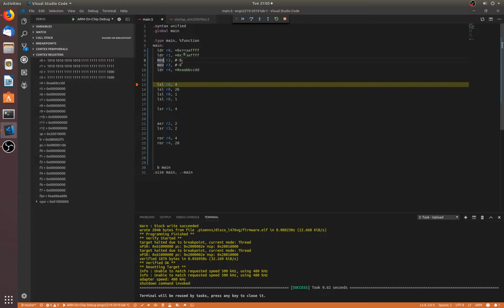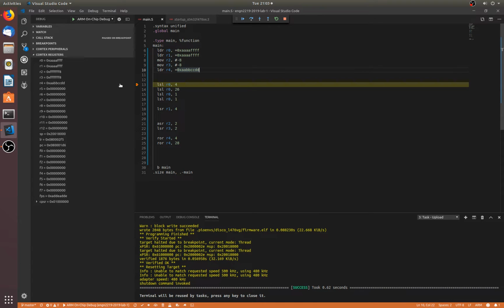If you ever have a number that's too big to fit into a move instruction, you can do LDR with an equals sign, and it's just like a move for a big number. Okay, so all of these are just moving numbers into registers. Now if you look over here, I'll just put these back in hex. So all of our numbers are in our registers over here.